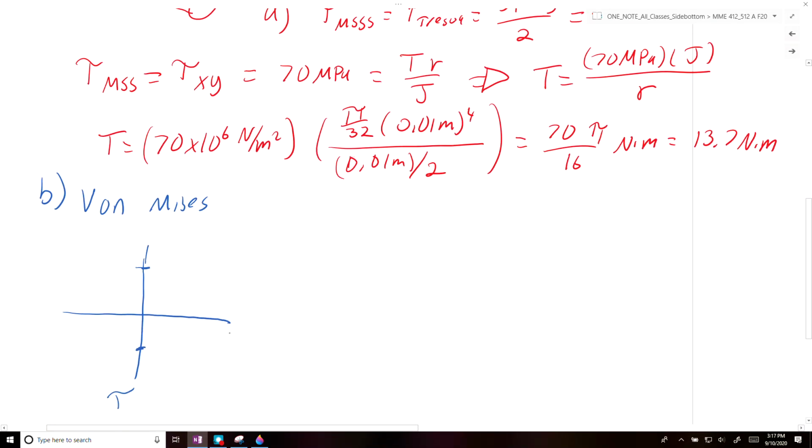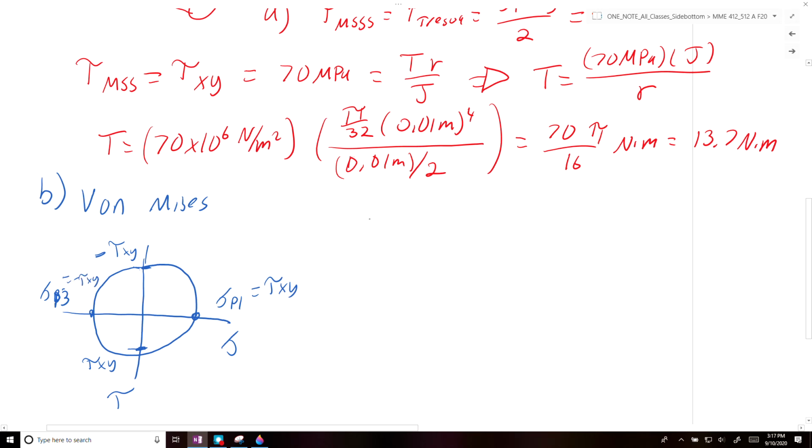So this is our tau xy here, and this is minus tau xy. If we draw our Mohr circle, our first principal stress is on the right-hand side, and our third principal stress is on the left-hand side, equal to tau xy and minus tau xy for sigma p3.